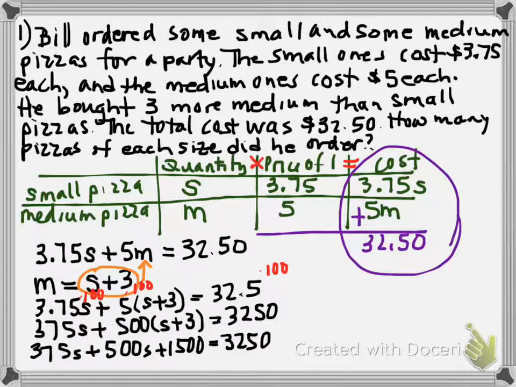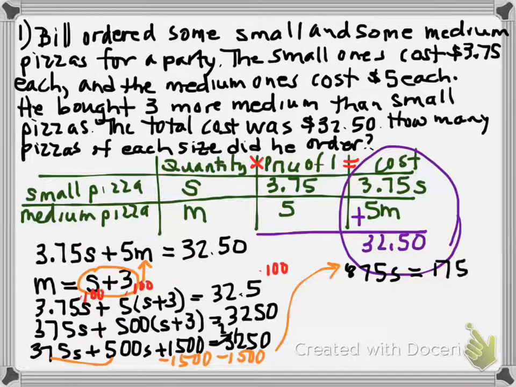So I do notice I have some like terms right here with my S's, and I'm going to go ahead and subtract 1,500 from both sides to get the constants together on the right. So I'll continue over here. And that adds up to equal 875S equals, what is that? 1750.